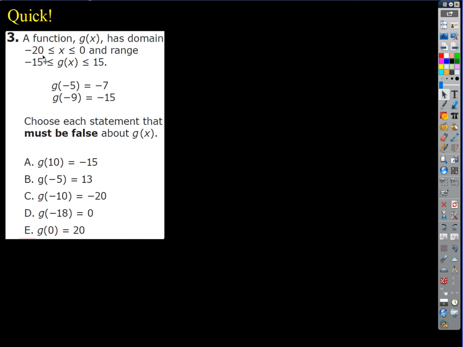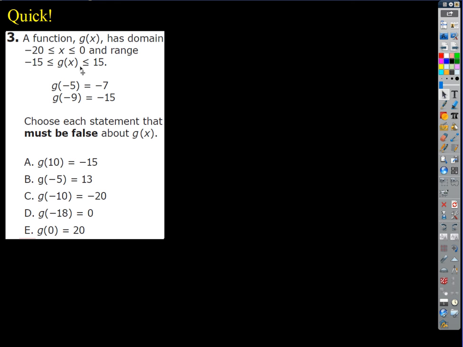So x goes from negative 20 to 0, including the endpoints. X is greater than or equal to negative 20 and less than or equal to 0. The range is on the interval from negative 15 to positive 15, right? So all the inputs and all the outputs of the function have to be in those intervals, okay? Choose each statement that must be false.